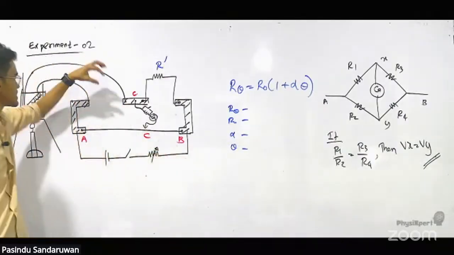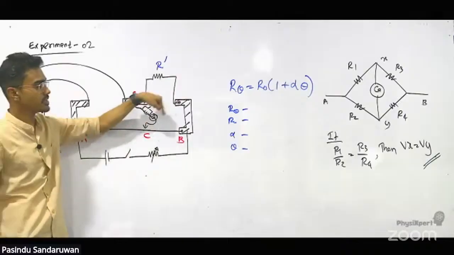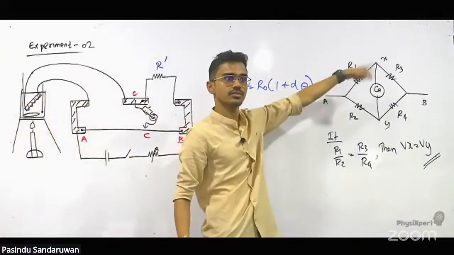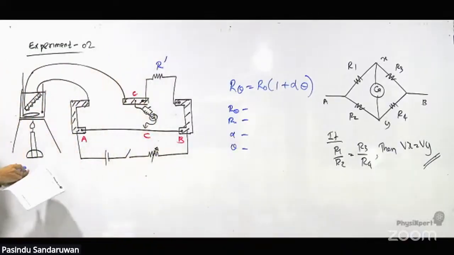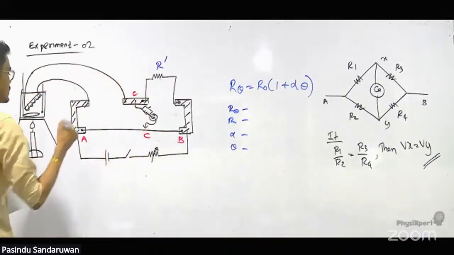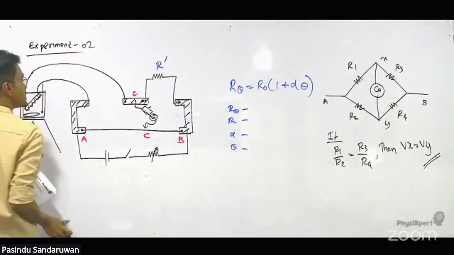When no current flows, the ratio is satisfied, and this is how the equation is proved in a meter bridge.